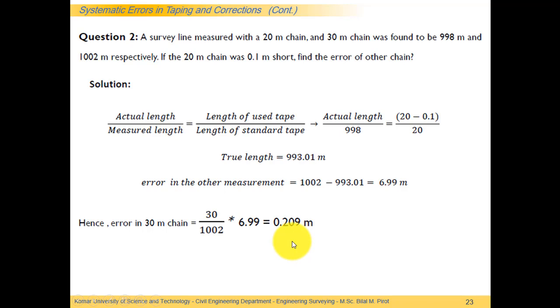It has a deviation of 0.209 meters. So we use this formula two times. First for the first tape, and secondly for the second tape. And the only number that is the same for both tapes is the true length, because the length of the line is the same in both cases.